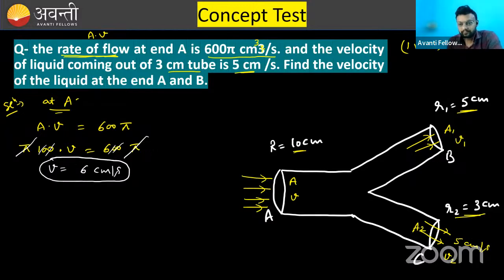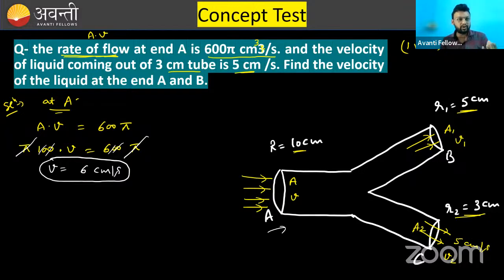That's quite clear. Now, if I talk about end B, what is the meaning? You can say that liquid is entering at a rate of 600 pi centimeter cube per second from this end A. So the rate of flow is constant.